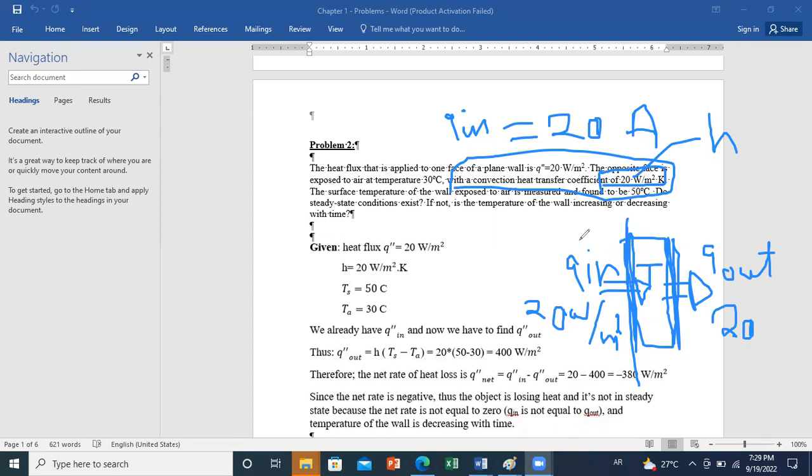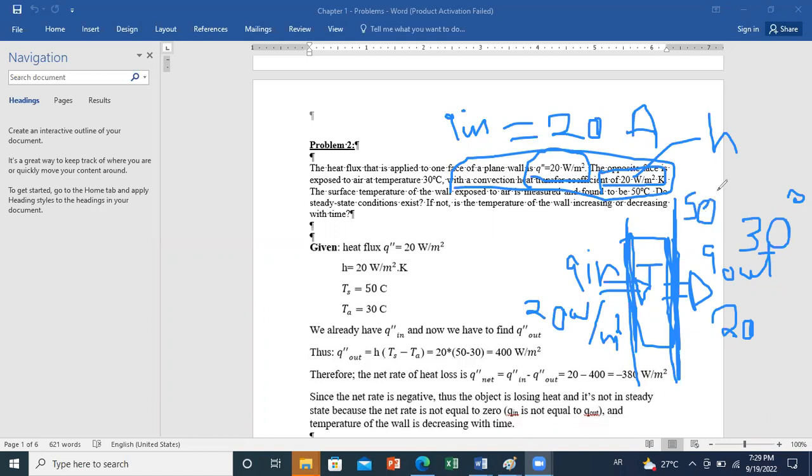Okay. So we have a heat flux through one side of 20 watt per meter square, and from the other side we have convective heat. We have a temperature outside of 30 degrees, while the surface here is at 50 degrees.